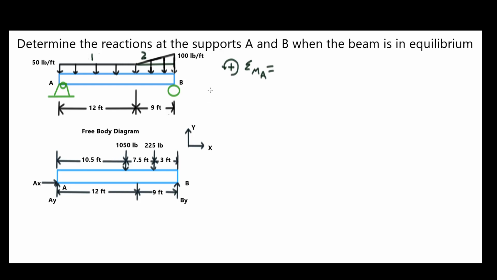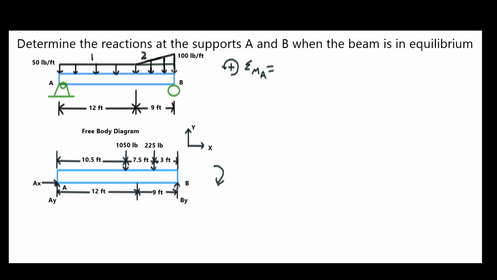Now that we predicted that this is going to be spinning in the counterclockwise direction, we have to actually look at our free body diagram and determine what each force is doing to it. So if you look at this 1,050 pounds, it's pushing straight down, which would cause this beam to rotate in the clockwise direction.